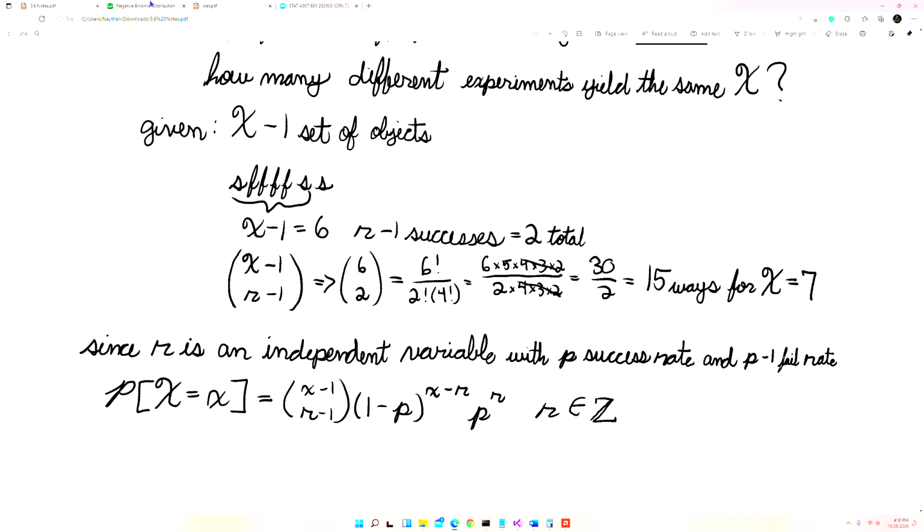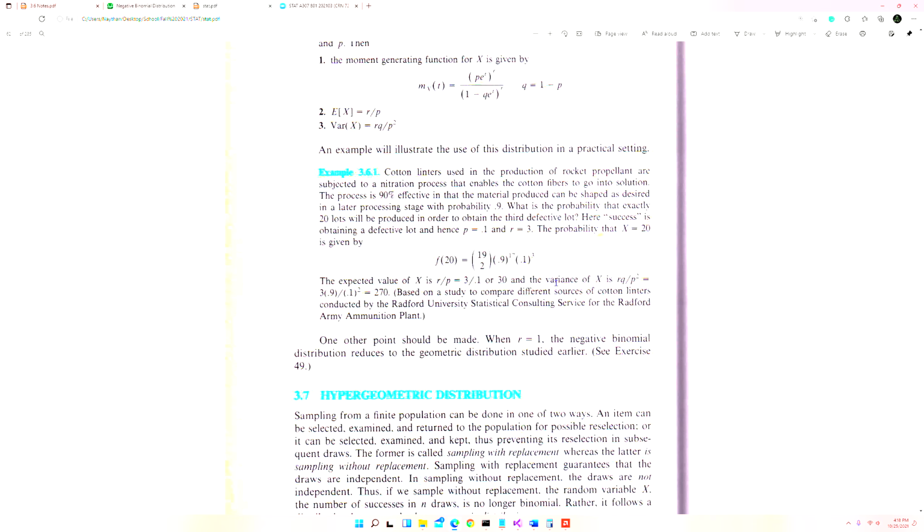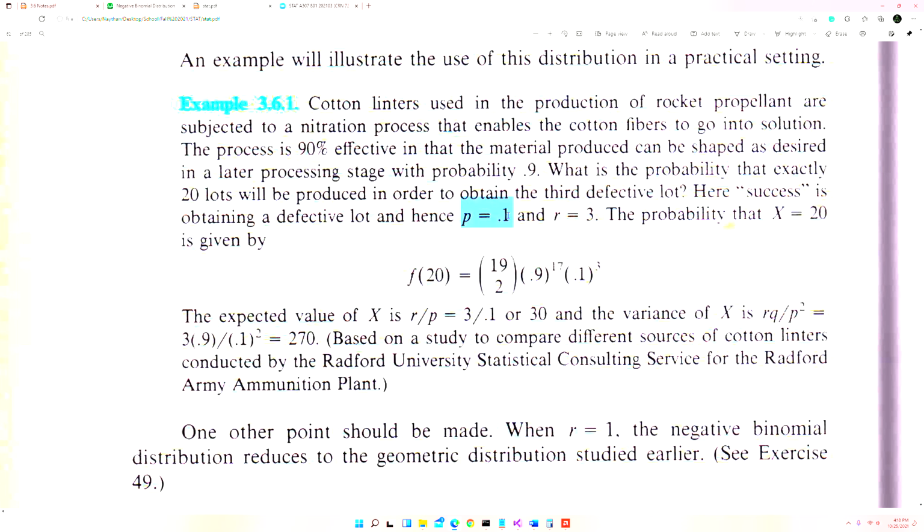So here's an example that we're given in the book. This is the problem here. We say p equals 0.1 and r equals 3. We're trying to figure out if x equals 20, what is the probability here?